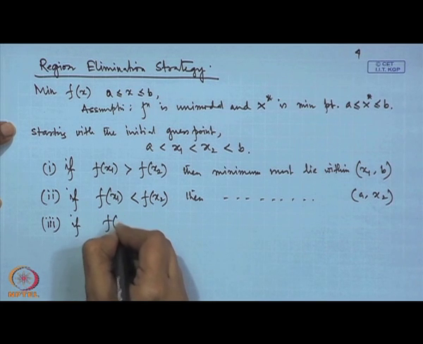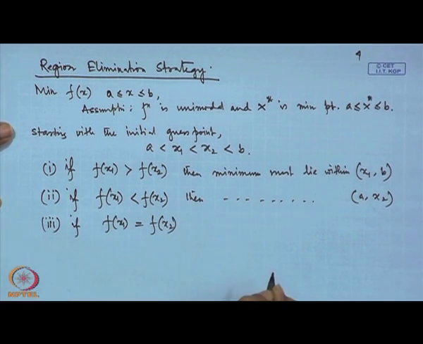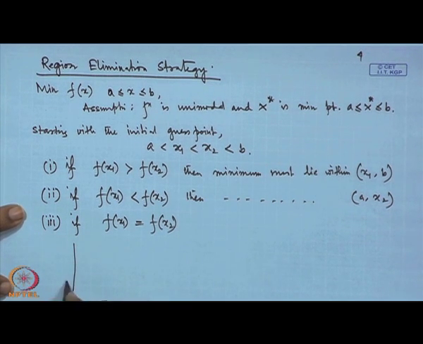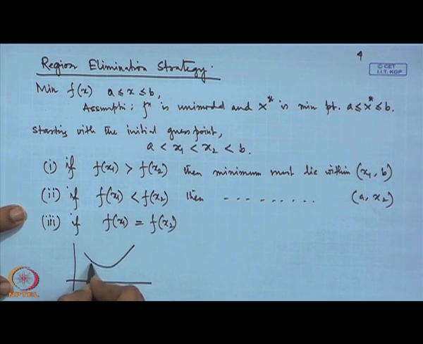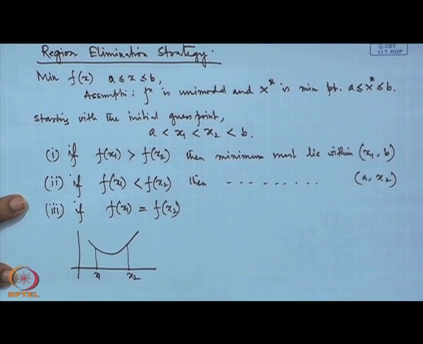And if we see the other case, if f(x1) is equal to f(x2), then certainly the minimum will lie in between x1 and x2 because the function is unimodal. I can just draw a graph in this case. For example, this is the graph for me, this is x1, this is the corresponding x2, and from the figure it is very clear that f(x1) is equal to f(x2) and the minimum is in between this and this.